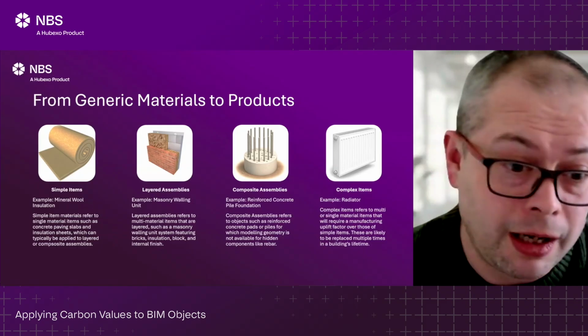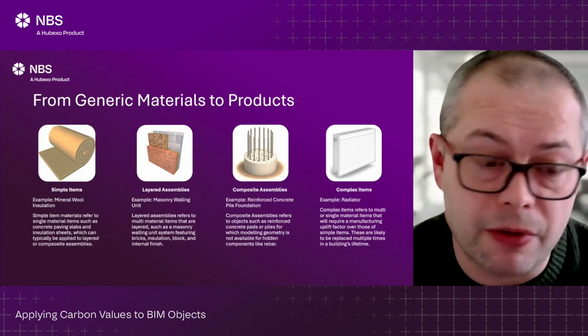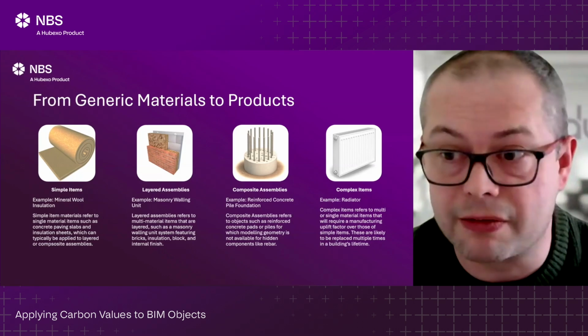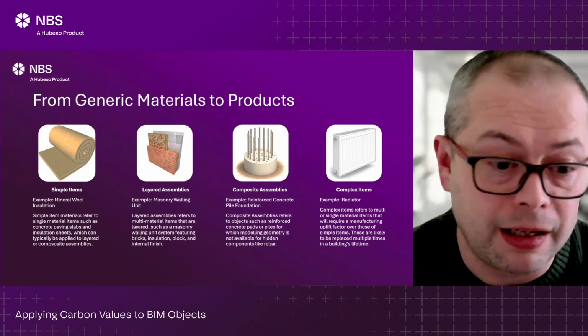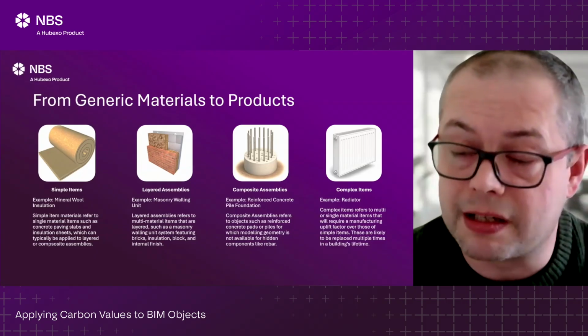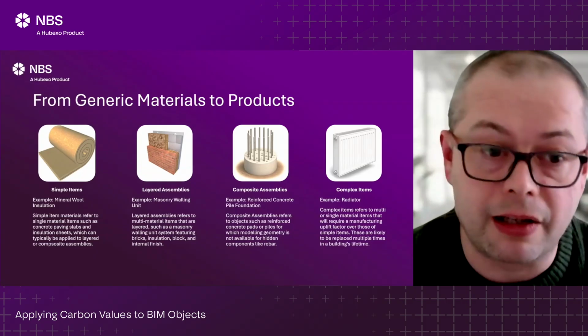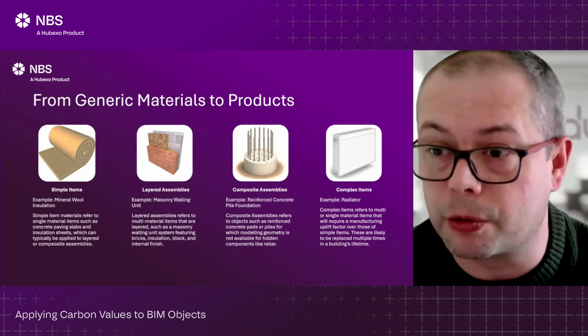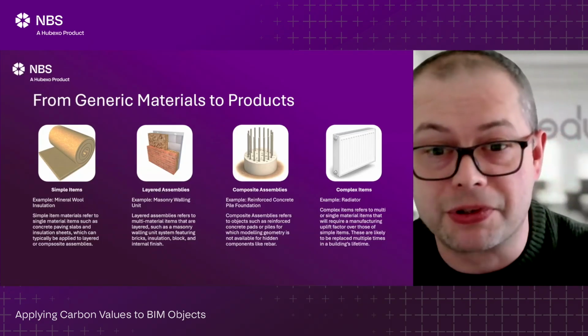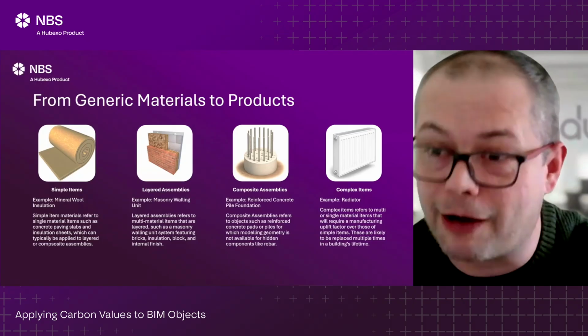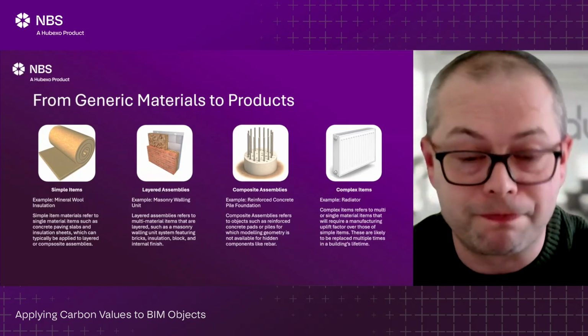If we took a simple item, a single material like mineral wool insulation, that is a single layer material. To calculate the carbon of that is quite straightforward, but there are things you need to watch out for. We will go through worked examples in a moment, so I'm not going to cover that right now. This is just an overview of the approach.